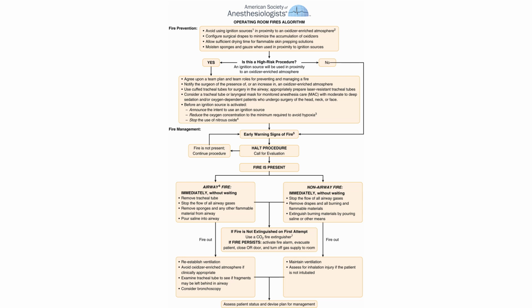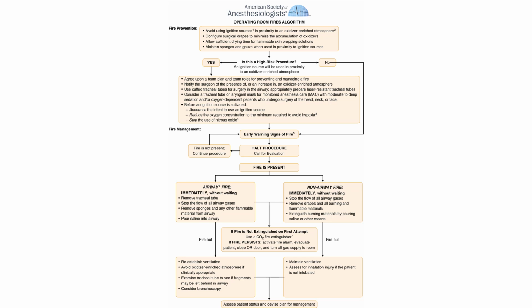Next, you want to reestablish ventilation, bag mask ventilation. Avoid high FiO2 if possible. Examine the tube to see if there are any pieces that seem to be missing. And finally, consider bronchoscopy, particularly if you think part of the ET tube is missing, to look for it in the airway and also potentially to assess for any airway damage.